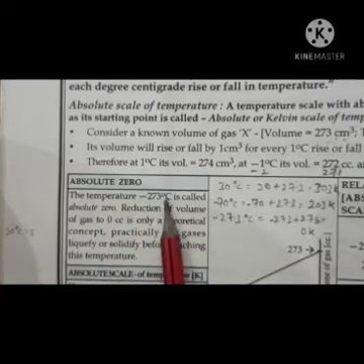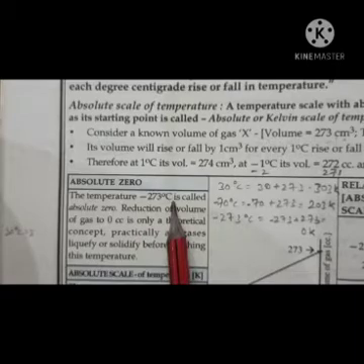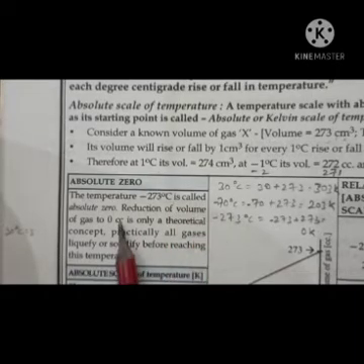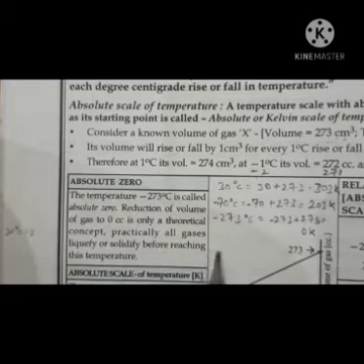Because at minus 273 degrees Celsius the volume of a gas is reduced to 0 cc. But this is a theoretical concept, because theoretically it is possible, but practically it is not, because all gases liquefy or solidify before reaching this temperature.